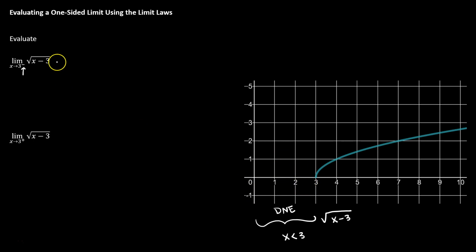So this limit does not exist for this function, not from the left. However, if we came from the right side, there is a function for us to travel along, heading towards the value x equals 3, and it looks like this function is sending us down to 0. So the value of that limit comes out to be 0.